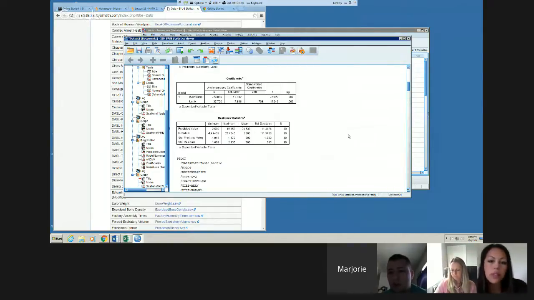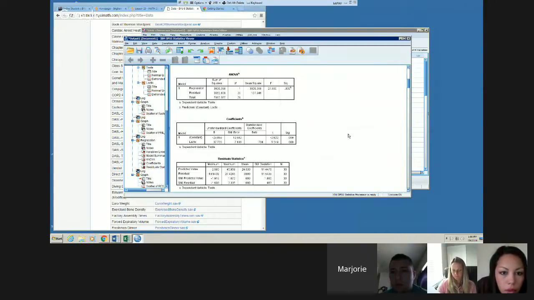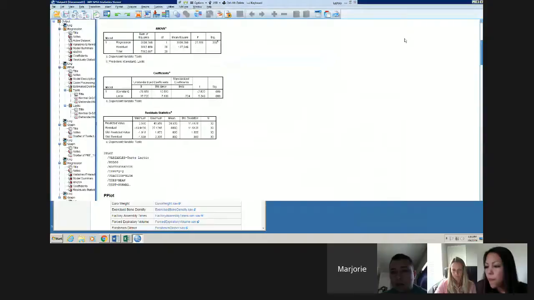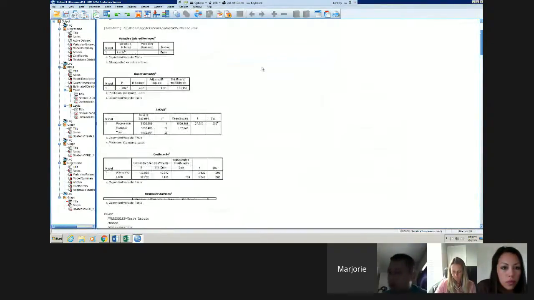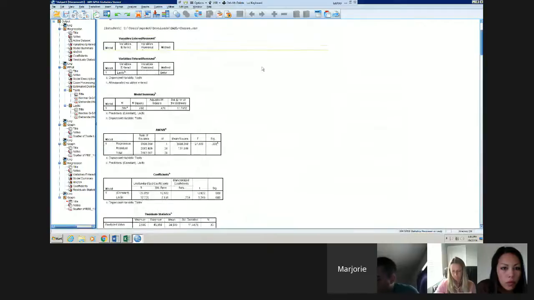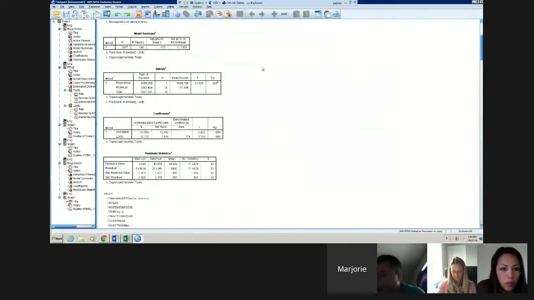This is the confidence interval. Isn't it already on the screen? I don't think we clicked on that. I think I have to run something to get that confidence interval in there.